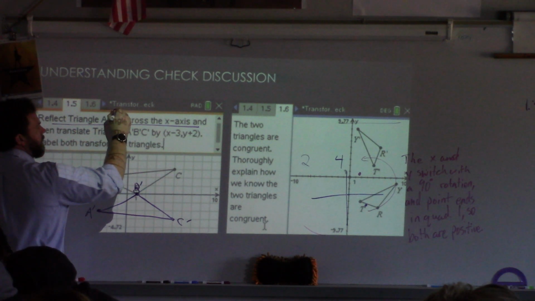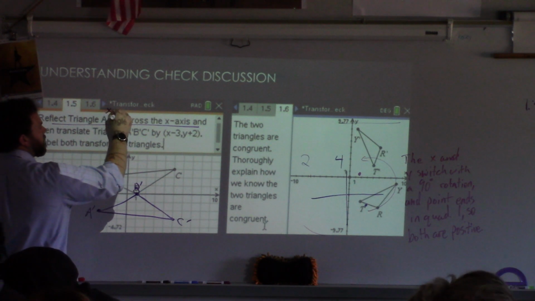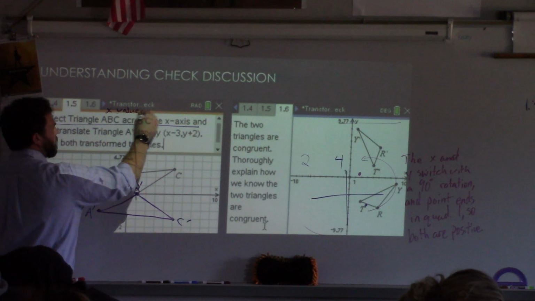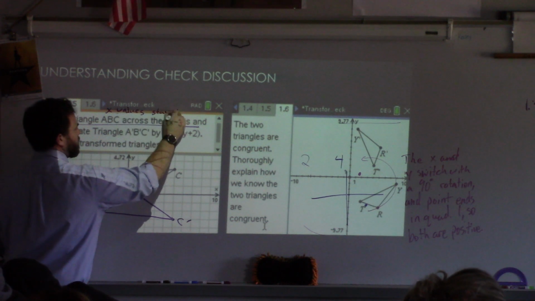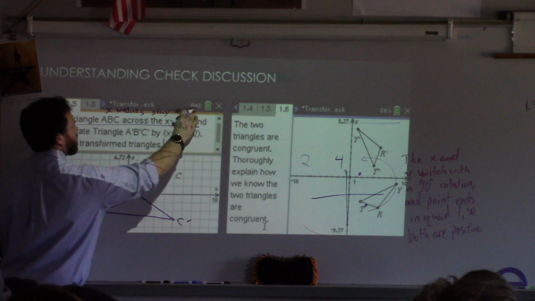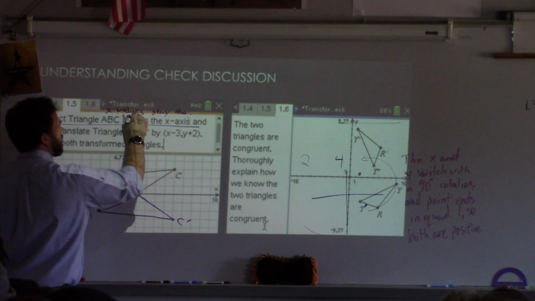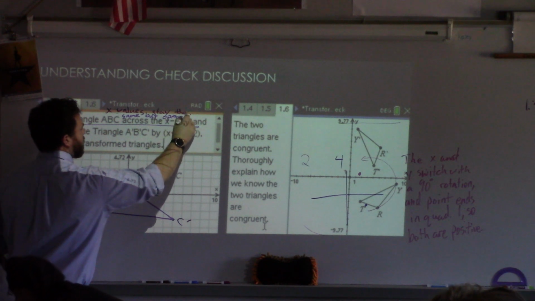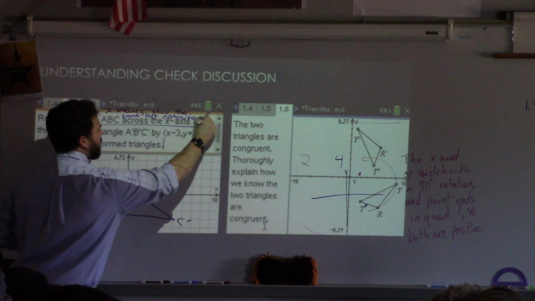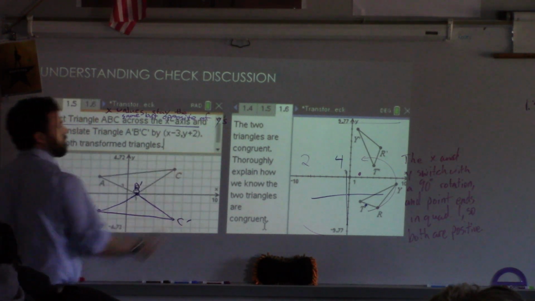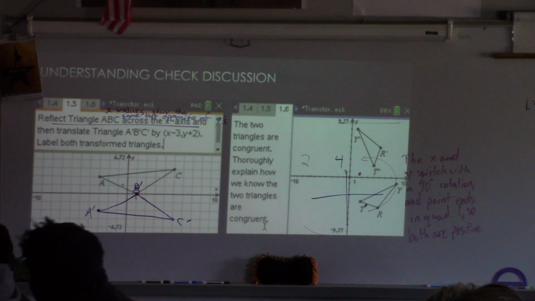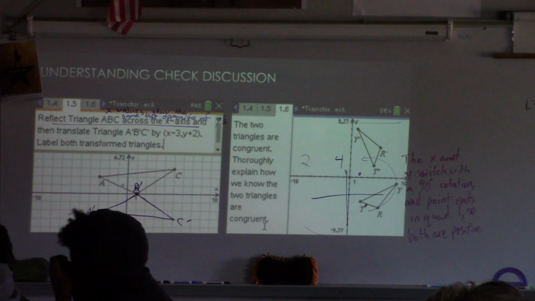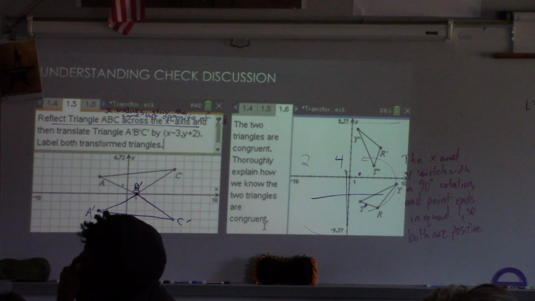So x values stay the same, but opposite of y values. That would justify how you're getting those points. And mathematically that could be a 6.